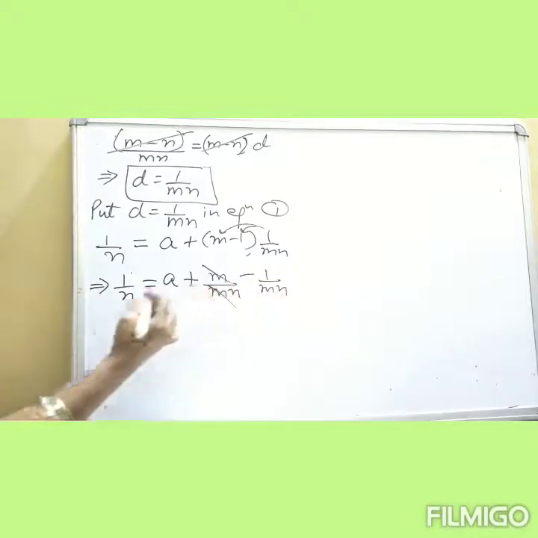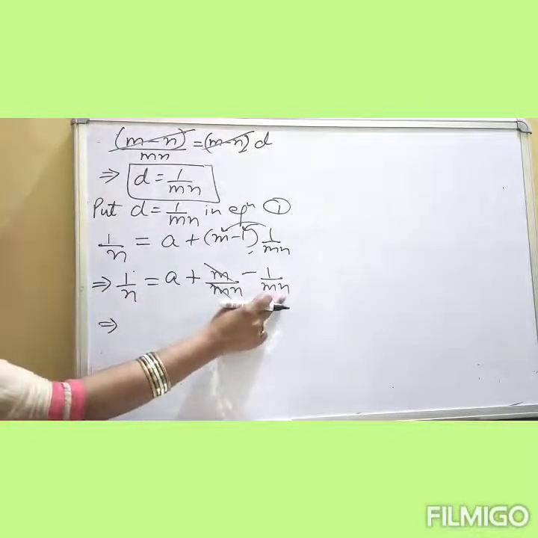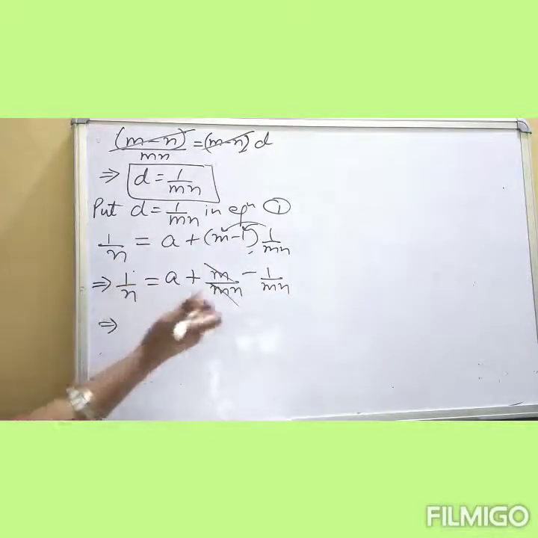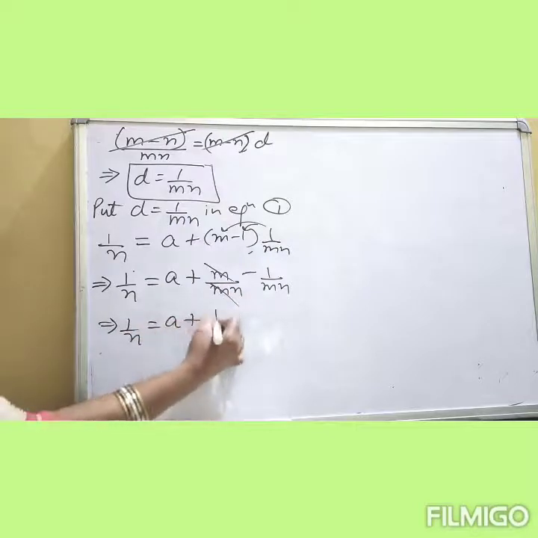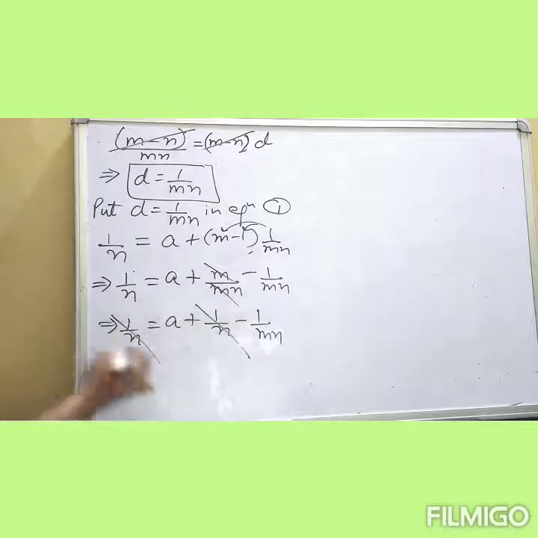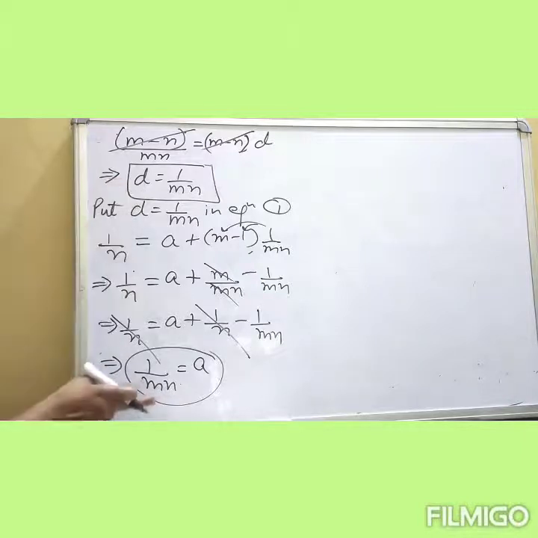Here m by mn is 1 by n, so 1 by n is a plus 1 by n minus 1 by mn. This will cancel out, right? And if I take it here, 1 by mn equals a. So the value of a will come the same as the value of d. Both are equal to 1 by mn.